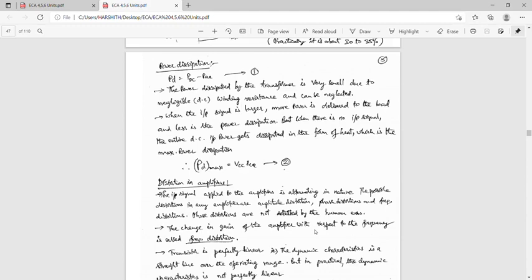That means when the load is removed and there is no AC input signal, the maximum power dissipation decides the rating for the power transistor to be selected.